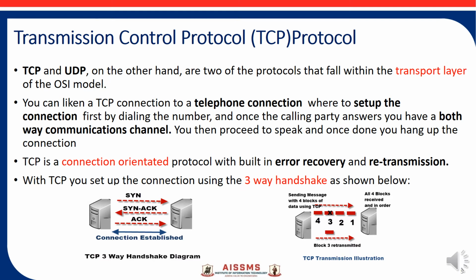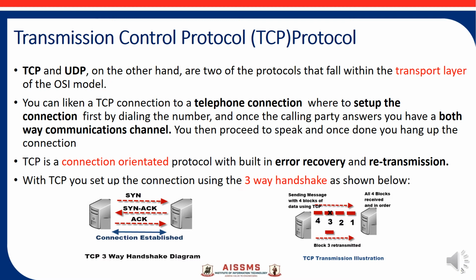You can compare TCP communication to telephone communication, where before starting the communication, a connection is established between caller and callee, that is, sender and receiver. After establishing the connection between caller and callee, only then can we start the communication, high and low. So there is two-way communication in TCP.